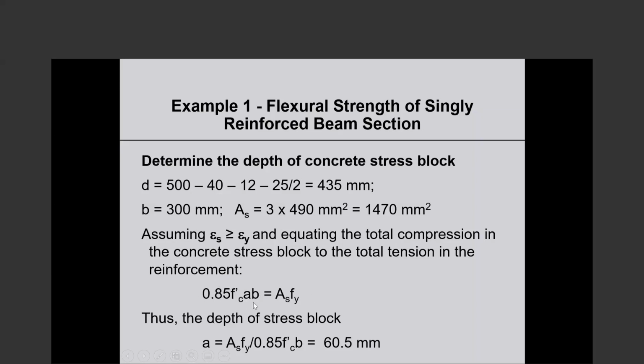This is the concrete compression force. This is the tension steel force. There is nothing else. There is no compression reinforcement or anything like that. So we are just saying compression force is equal to tension force. That will give us the stress block depth, and that comes out to 60.5 millimeters stress block depth.